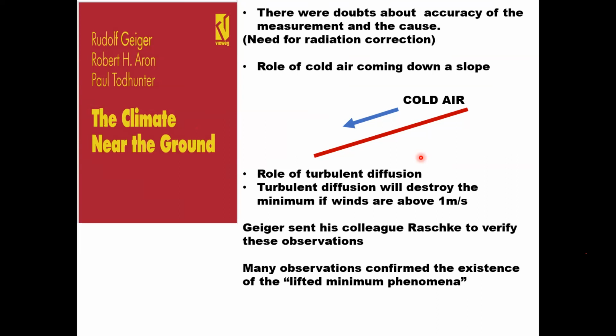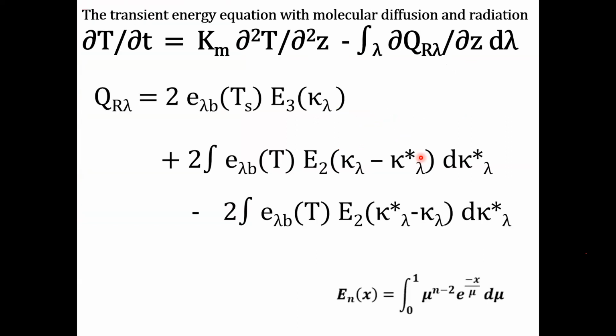So now that this was confirmed, that it was not an accident of measurement, a lot of people wanted to understand how to model it. Now, if you ignore turbulent diffusion, the basic equation governing this problem is the transient term on the left, the molecular diffusion term, which all of you know, and the radiative divergence term.